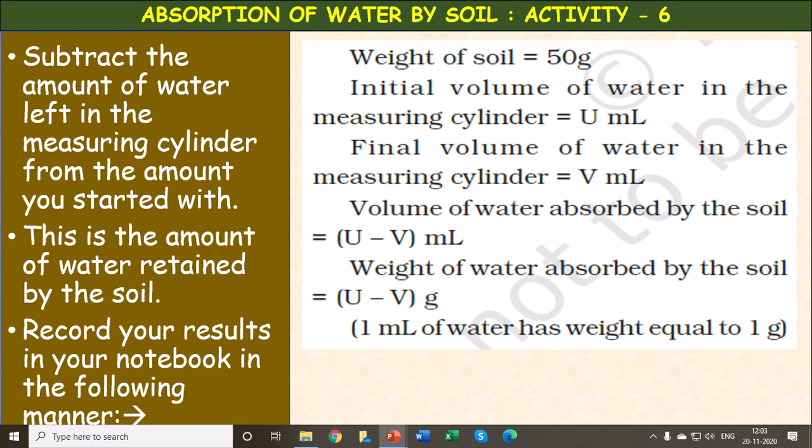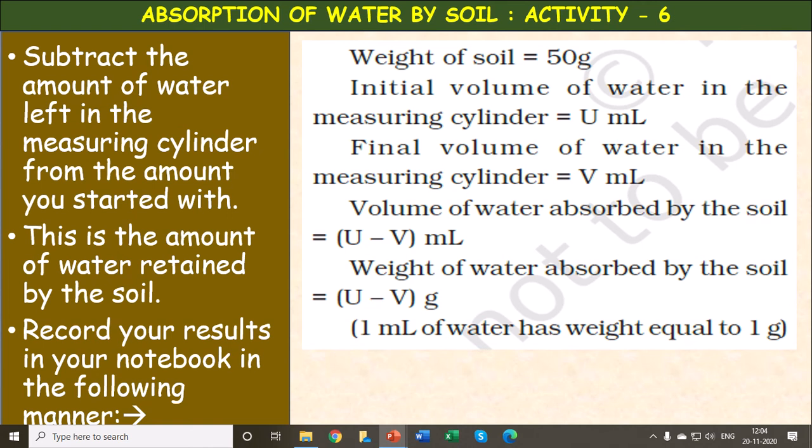Now calculate the volume of water absorbed by the soil, which is equal to capital U minus capital V in ml. Okay, the weight of water absorbed by the soil is equal to capital U minus capital V in grams.